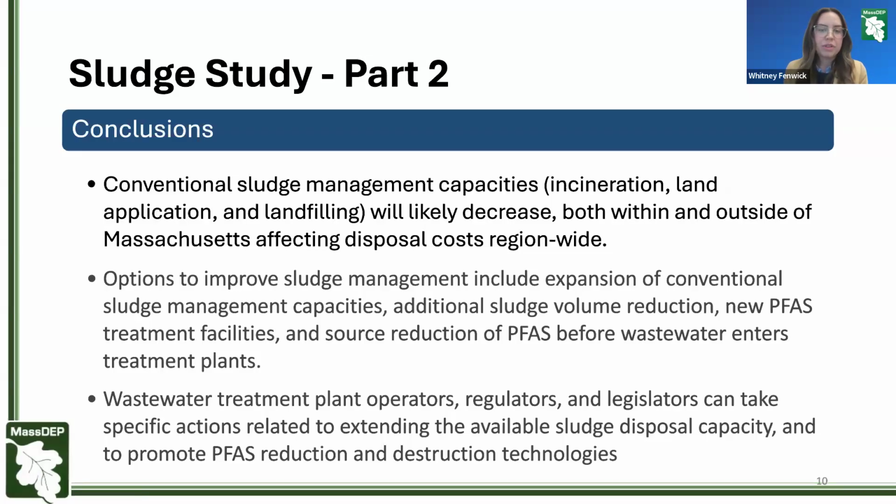There are a few paths forward, including expanding existing sludge management capacities, additional sludge volume reduction, reducing PFAS at the source, and developing new facilities to treat for PFAS. The sludge management system is complex, and there's a role for treatment plant operators, regulators, and legislators who can all take specific action to help extend available disposal capacity and support PFAS reduction and destruction technologies. And now I will turn it back over to Weldon to talk about where we are headed next.